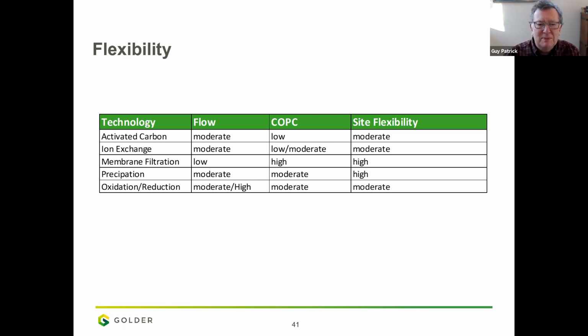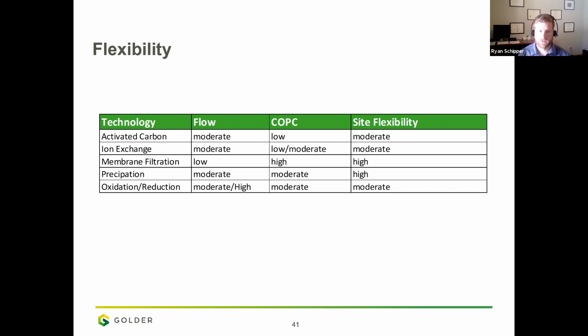It can address most of the COPCs, contaminants of concern. It's the most flexible. Unfortunately, the flow rates it can handle are the lowest, and I take that to mean that translates directly into cost. If you want it done right, it's going to cost a bundle. Is that fair to say?